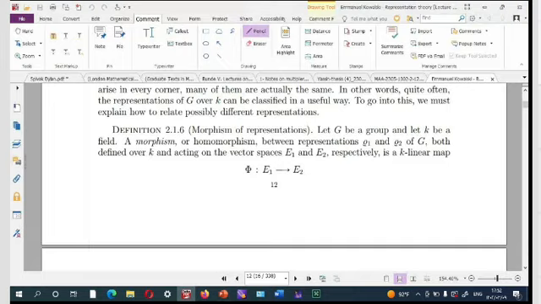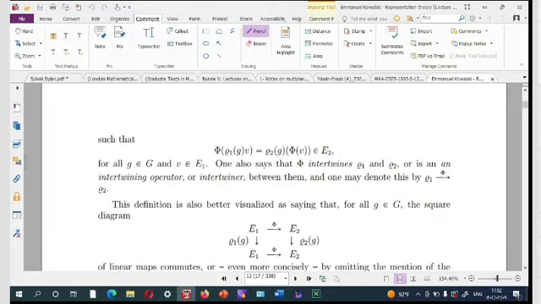Then a homomorphism between rho 1 and rho 2 is a linear map from E1 to E2 such that we have this equality.